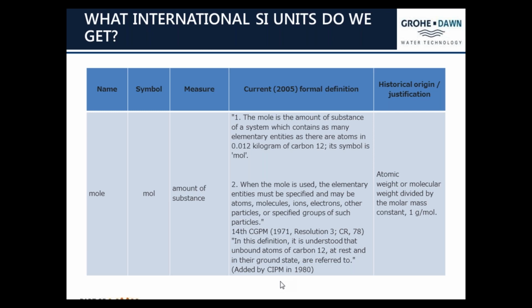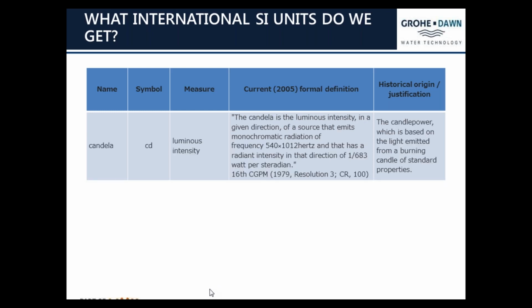You would probably see a lot of these mole measurements or amount of substance measurements for your complete solutions and so forth, where the scientists prescribe that you need to dilute 1 gram per millimole or per mole and so forth. It's not really applicable in our industry in terms of plumbing installations and or manufacturing.